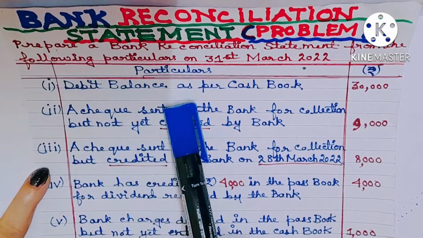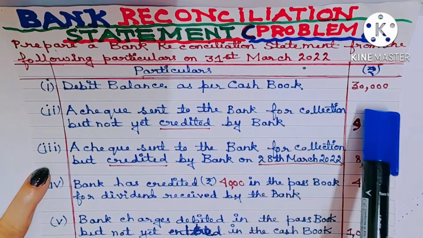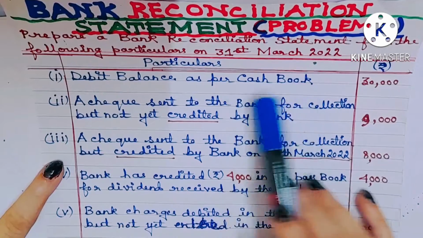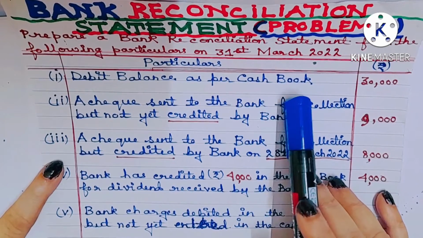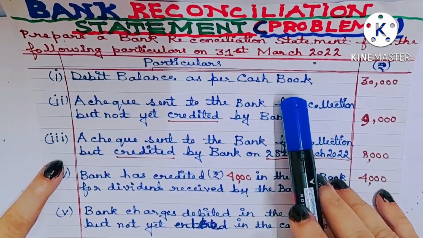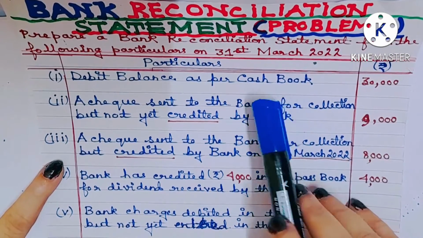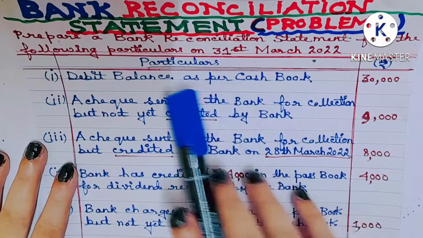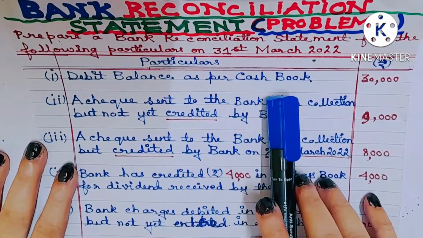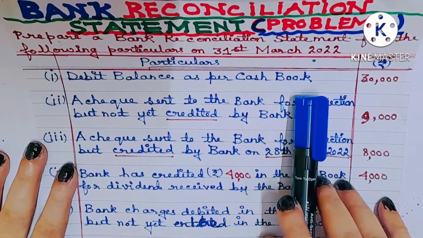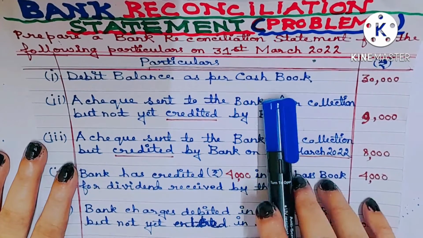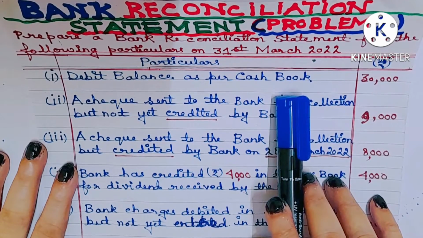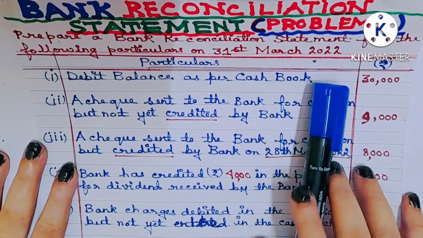Number 1. Debit balance as per cash book rupees 30,000. Please remember, a bank reconciliation statement can be prepared by taking the bank balance either as per cash book or as per passbook. If the BRS is started with the bank balance as per cash book, the answer arrived at in the end will be the bank balance as per passbook.